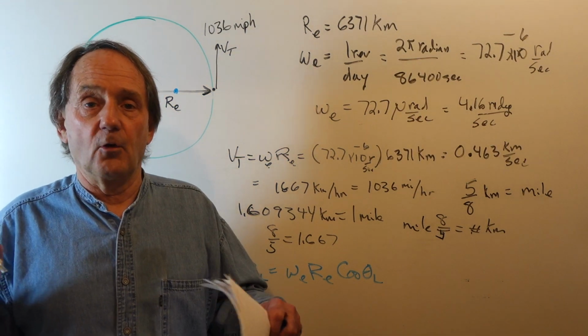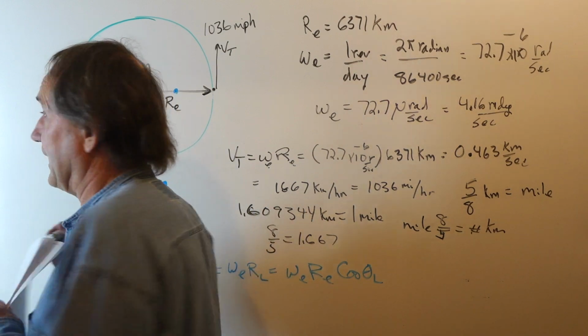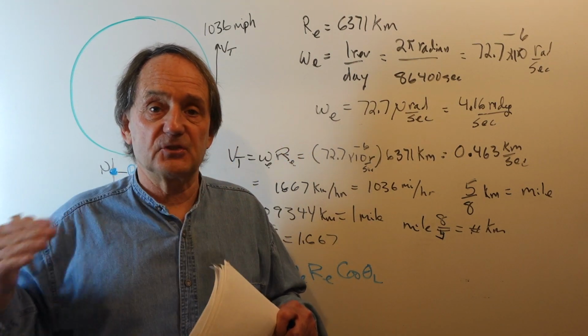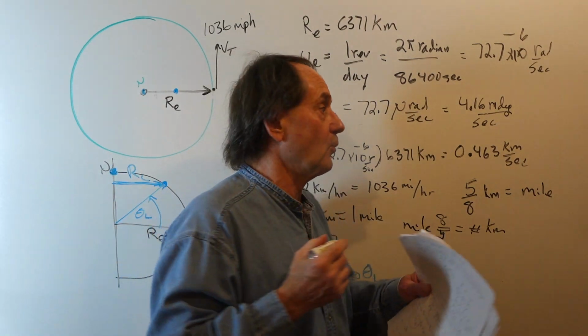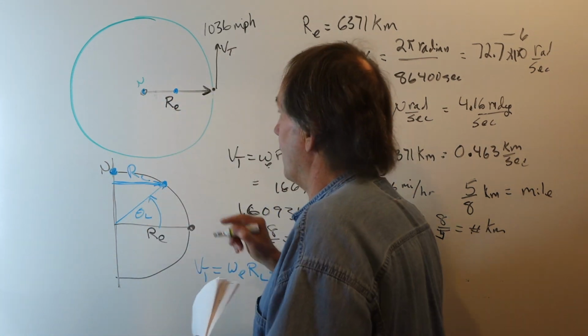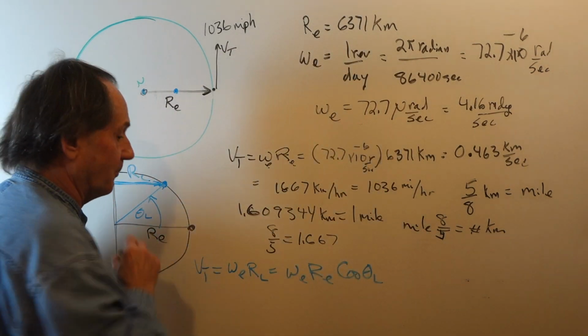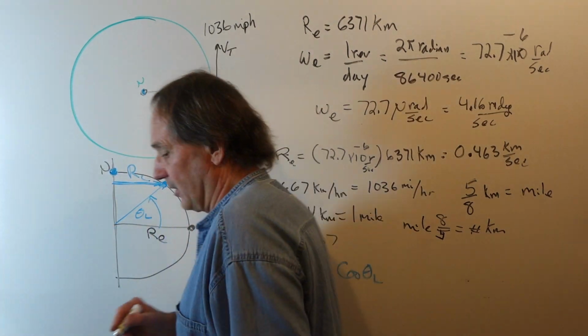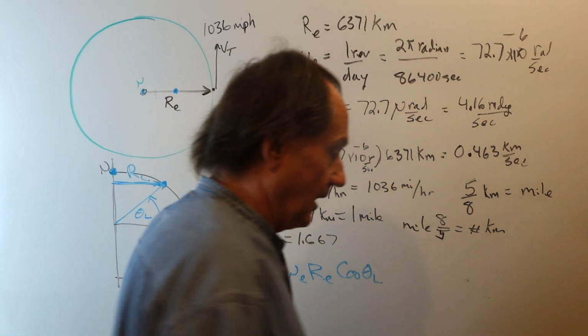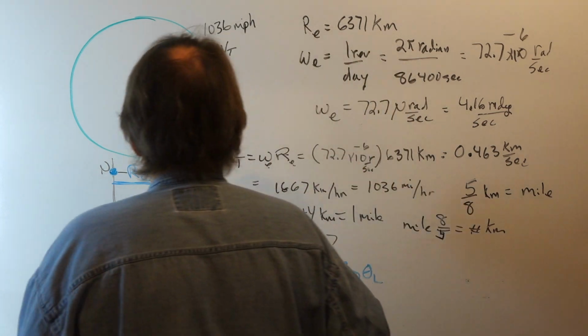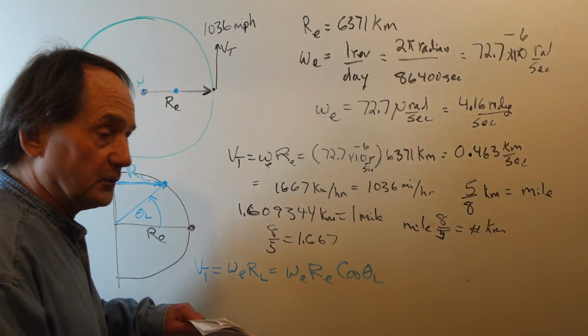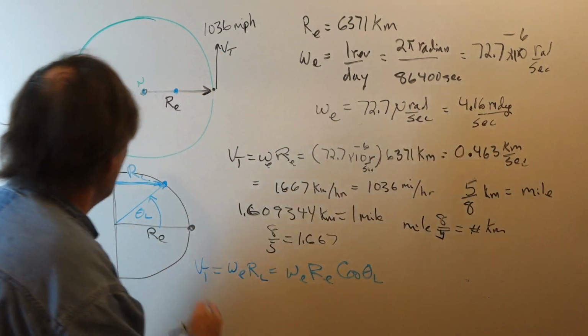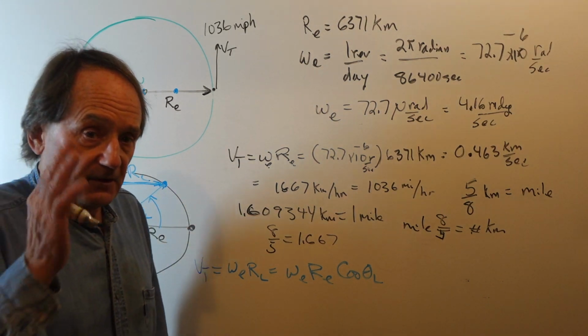If you're sitting on the North Pole, you're just going to spin around like this. You'll have no tangential component. You just rotate if you're sitting on the pole. But if you get off the pole a little bit, for example, if I'm going around the pole, say 1 foot away from the pole, I have a tangential velocity. And that tangential velocity grows as I get further away from the pole. Keep this in mind.